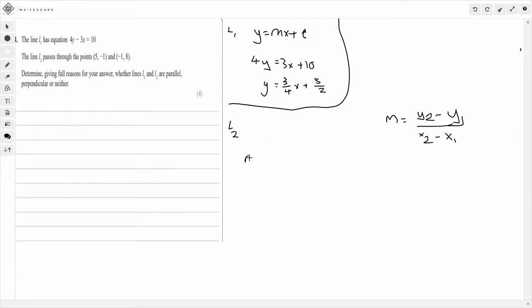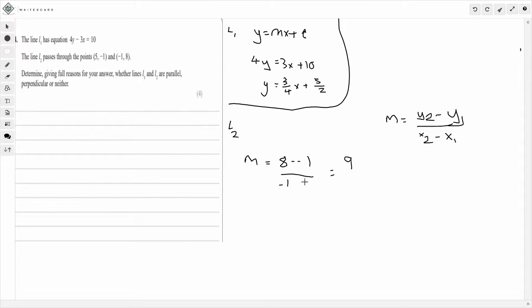So let's use this as y2, 8. This gives me m equals 8 for the y2 minus, so minus 1. Now be very careful with your signs. Obviously you've got your calculators, just make sure you put it in your calculators correctly. 8 minus 1, so that's going to give me 9. And then the denominator is going to be minus 1 minus 5.